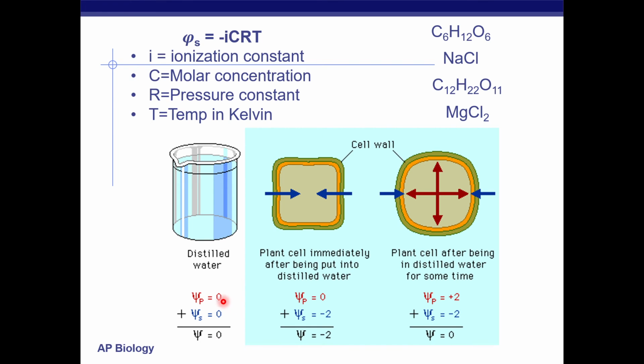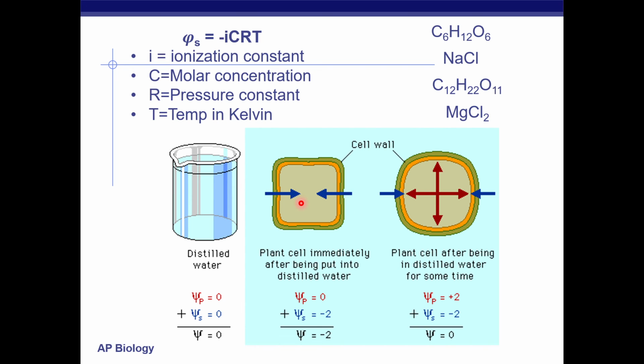Distilled water: pressure potential 0, solute potential 0, so water potential is 0. This is kind of like the beet core. This would be the first beaker that we saw. After being in there for a certain amount of time, the water builds up. It causes a pressure potential against the cell wall. And so the pressure potential will equal the solute potential, and the water potential will be 0. And so this is in a dynamic equilibrium.